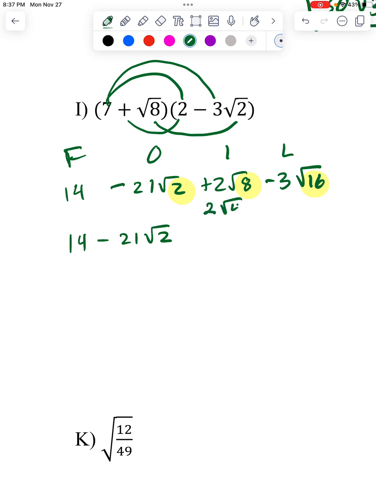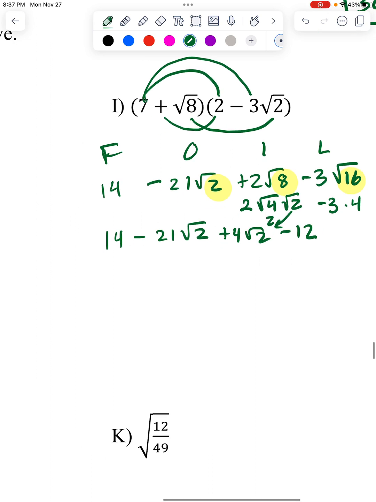This can break into 4 times 2. This would come out as a 2 because that's the square root of 4. So I end up with a 2 times 2 or a 4 on the outside and then that root 2 from over here. And then this one's also kind of weird because I have a negative 3, and then the square root of 16 is just a straight up 4, no leftovers. So that product becomes a minus 12 at the end.